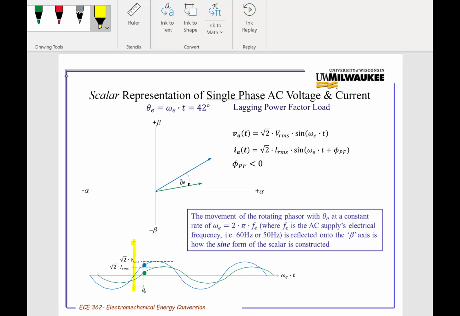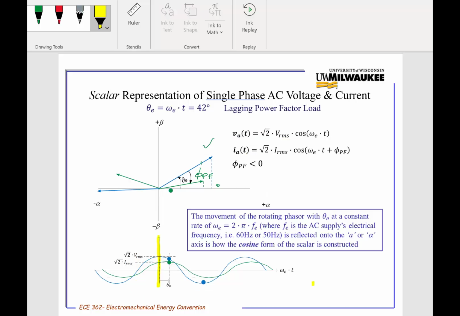It's not a cosine, it's a sine wave now. And so it's really arbitrary whether you say V alpha or I alpha are sine or cosine. See, it's an arbitrary choice.